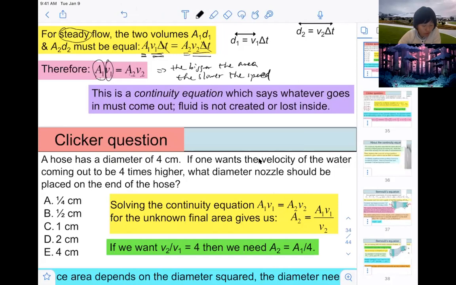All right, so the question is asking what is the diameter of the hose that you should use? We want the velocity to come out to be 4 times higher. So if we want the water to flow faster, do we want to make the hose wider or narrower? What do you think?